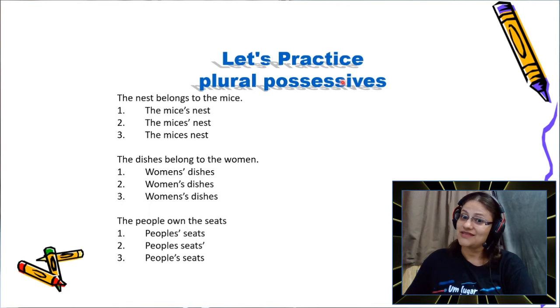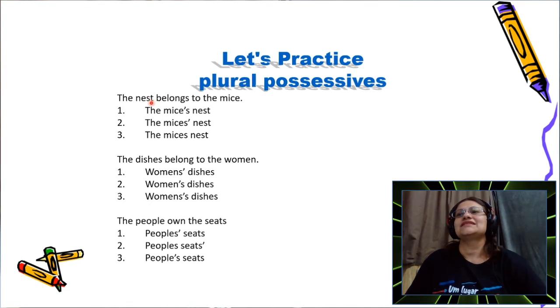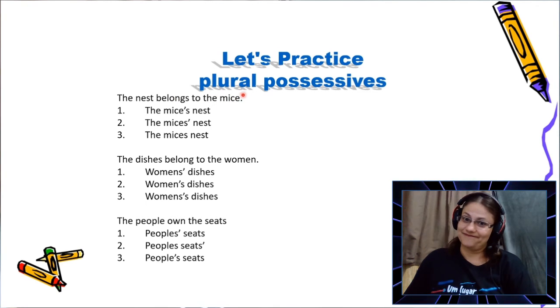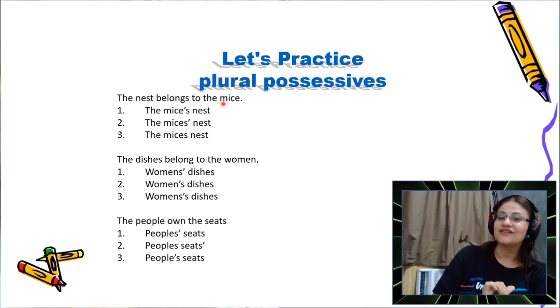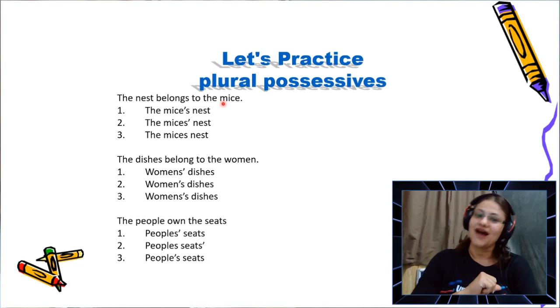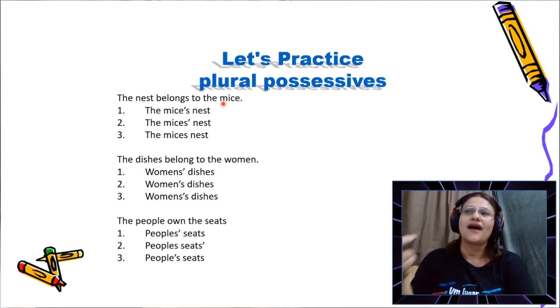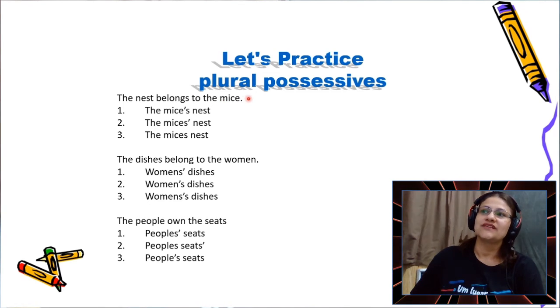Let's see. Guys, now it's plural possessives. Pay attention here. The nest belongs to the mice. Okay, this is one nest. And mice is a plural. Like I said to you before, in the last slide, we have an irregular plural here.